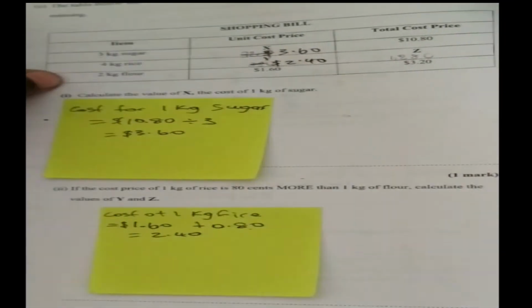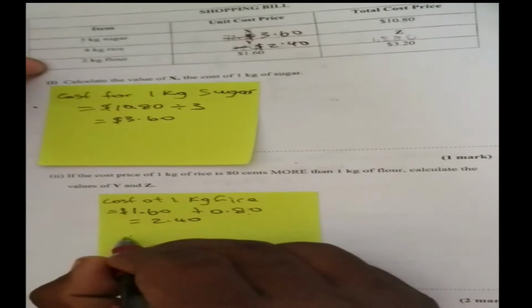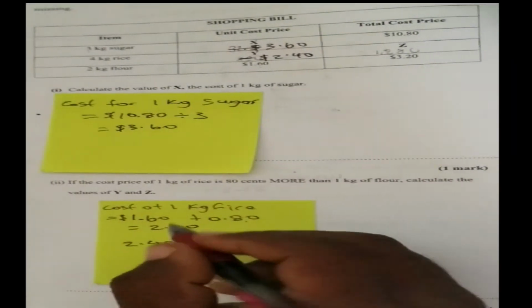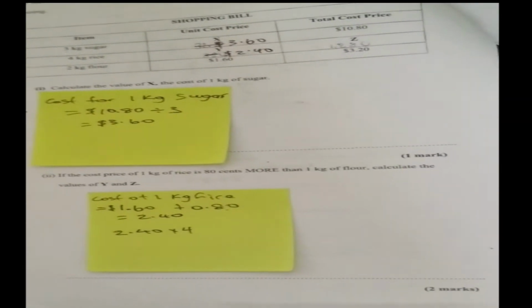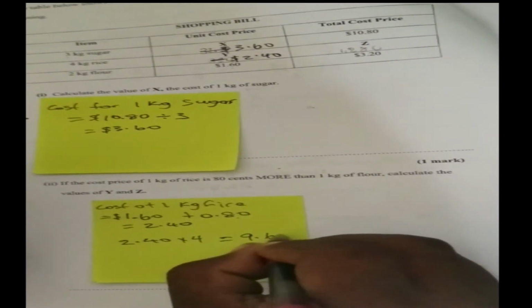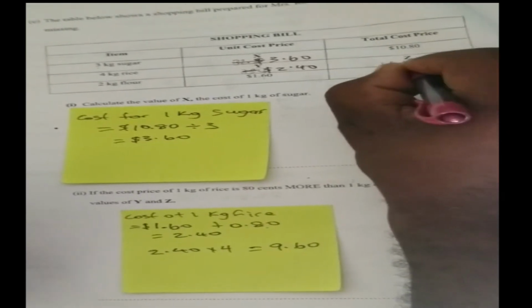So the unit cost will be $2.40, rather. If this is the unit cost, what we need to do now is times this by 4. We have 2.40 times 4, and we would get $9.60. Right?